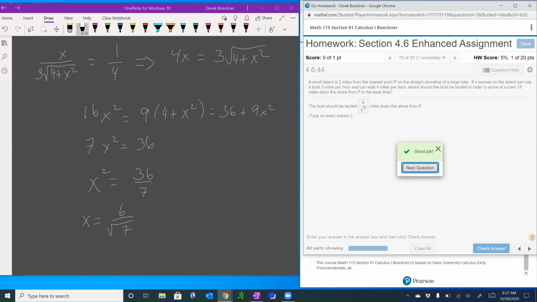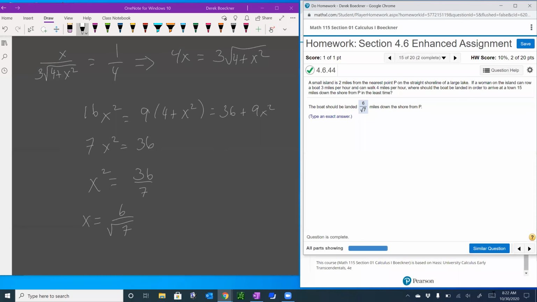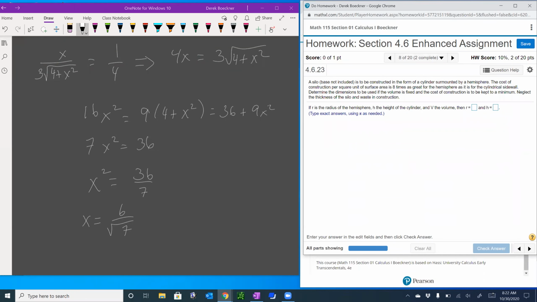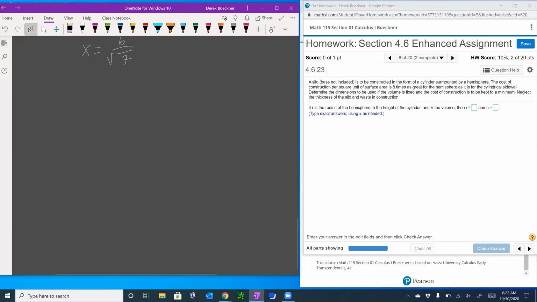Number 8. Okay, I'm going to do 8 and then 17. So we get a silo without a base. It's going to be a cylinder with a hemisphere on top. So that's going to have radius, right?